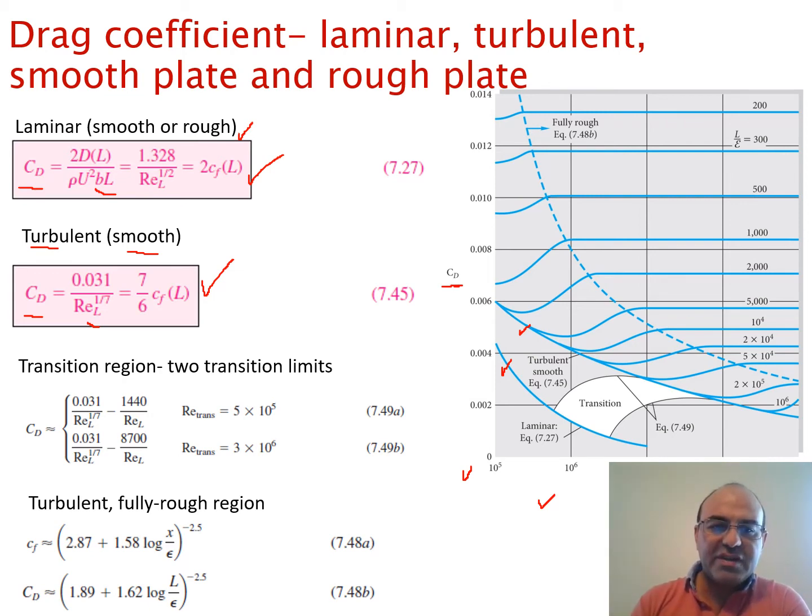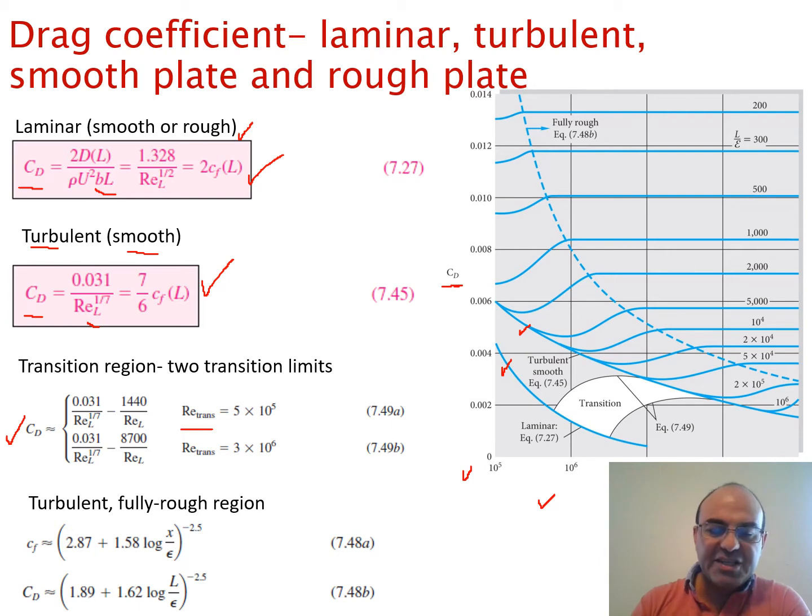That said, for the transition region, these equations have been proposed in order to find the drag force in case we are actually in the transition region. If we take the transition Reynolds number as 5 times 10 to the 5, then equation 749a of the book is used to find CD, which is a function of Reynolds number only.